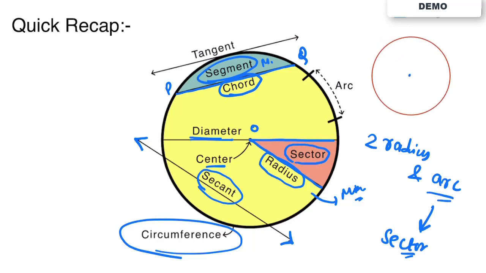Suppose this is our center point O, this is our radius R, this is our radius R. I am talking about this portion. This would be known as a sector. And as I already told you, based upon the area, they would be called major sector or minor sector.